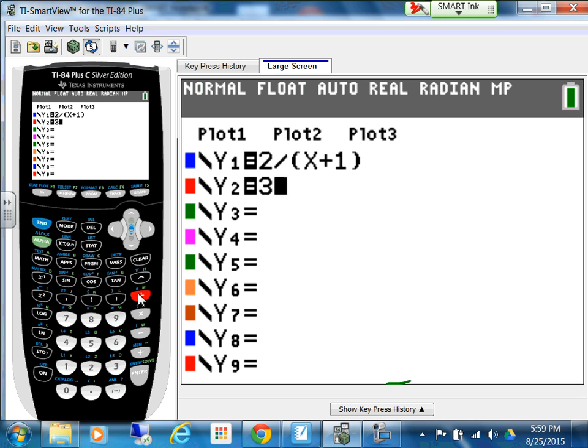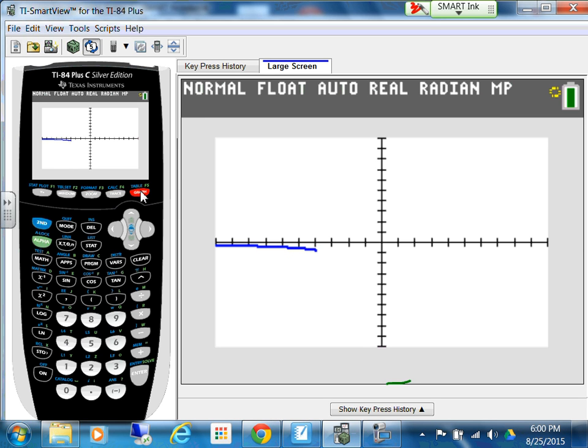So there is that rational function there, and there's that horizontal line, and you can see the point of intersection right here, and there.